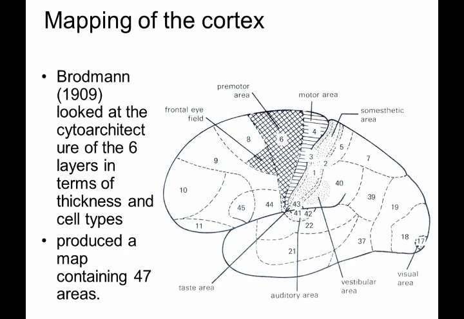So, for example, area number 10 is slightly thicker than the area around it, and there are slightly different cell types in these ones as well. And so he did these maps, and he boldly put these dotted lines around them and said this is a different area, probably doing a different thing from there.